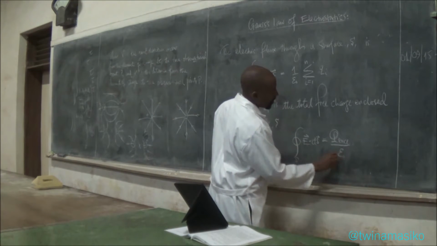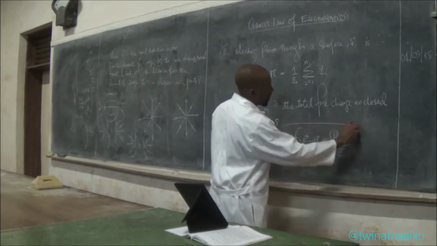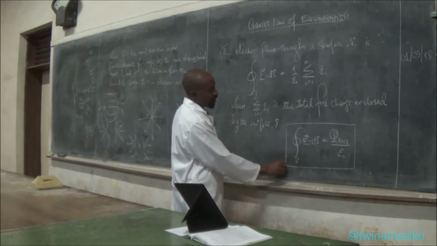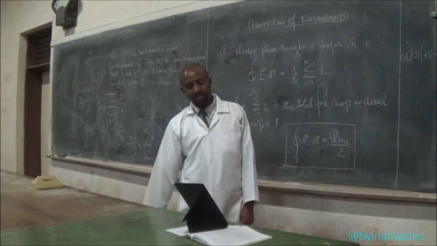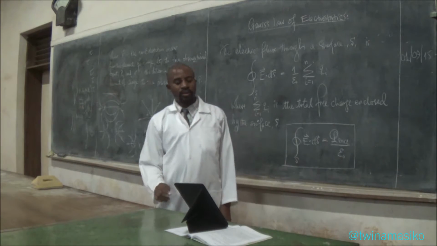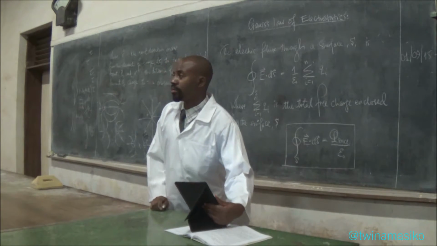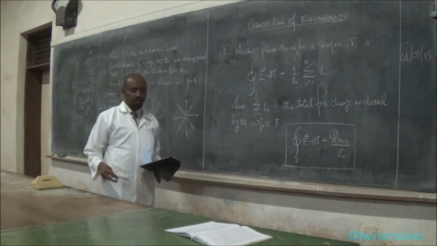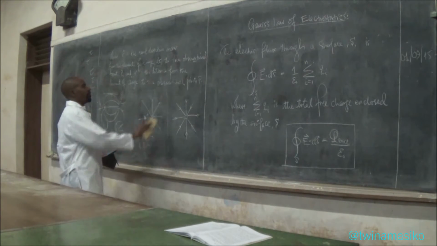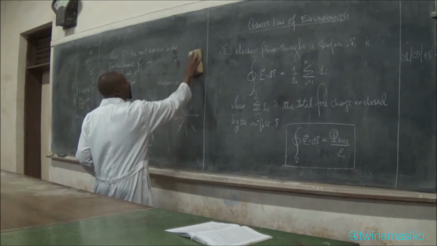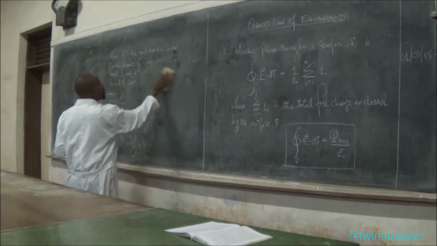So we divide by epsilon. This is called the integral form of Gauss's law, or Gauss's law in integral form, because of the integration that we do.